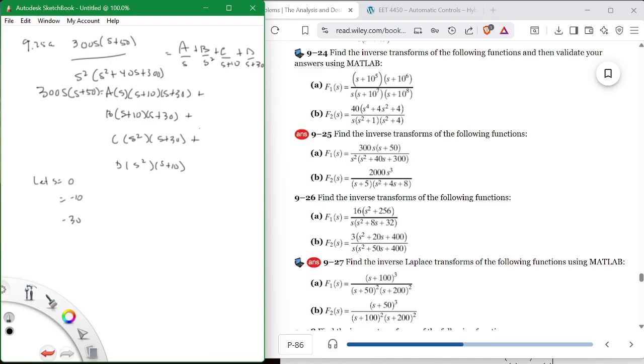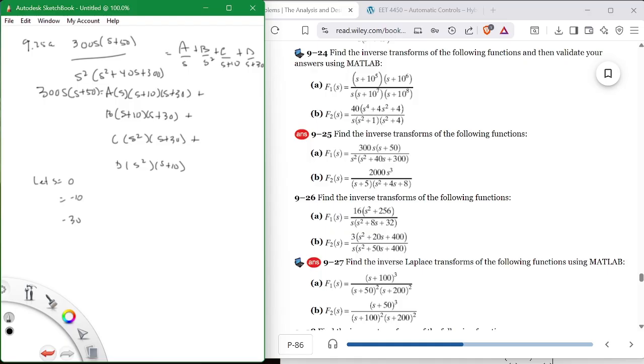You get the D variable if you let S equal minus 30. Okay, so you get B, C, and D by doing this. The only one left is A. You do the balancing act to get A. You balance the S's on the left with the S's on the right, and you get A that way. All right?